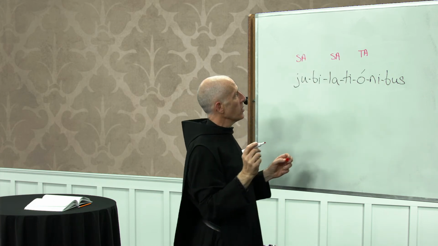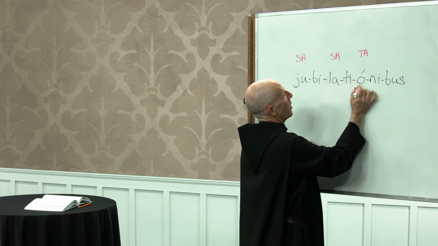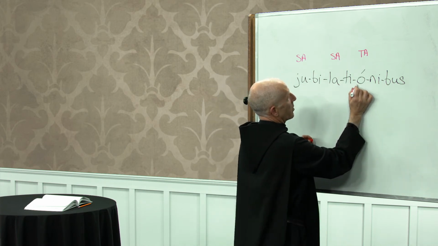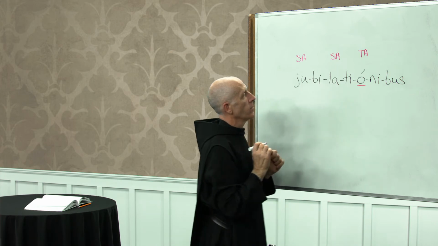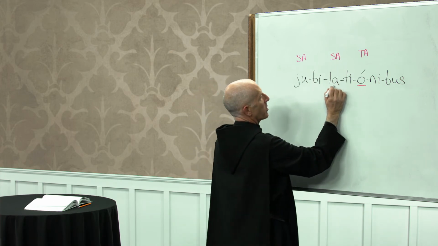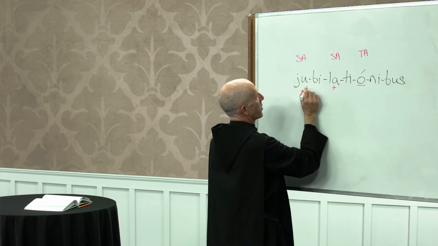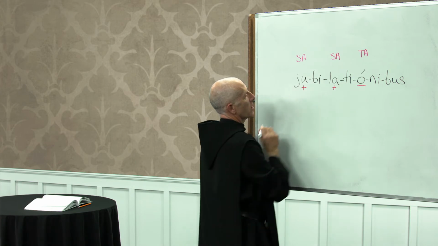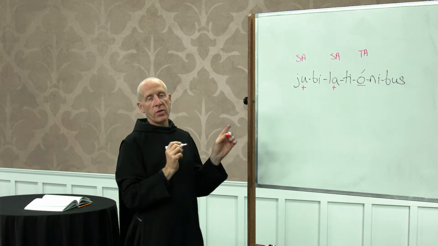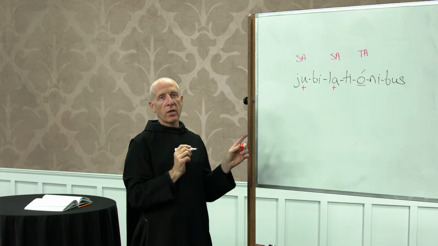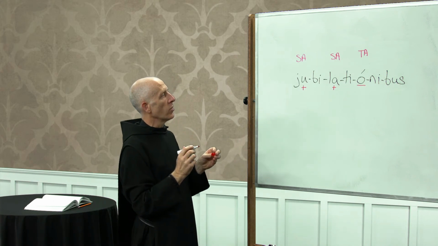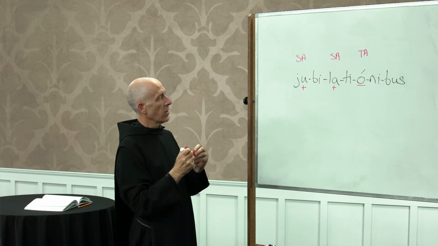Now, there's a special way of marking. The tonic accent is marked with an underline, and the secondary accent is marked with a cross, like that. You're going to see that, especially in the second level, if you pursue your studies until then.